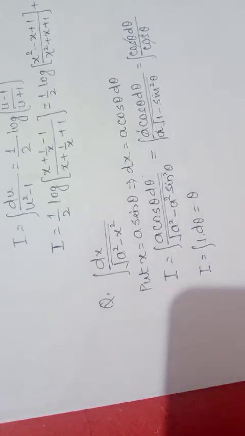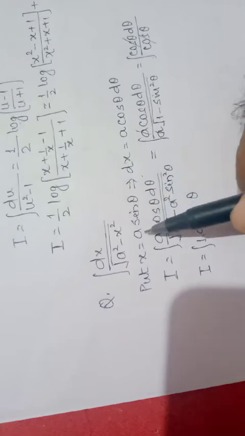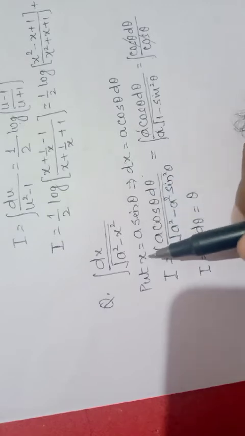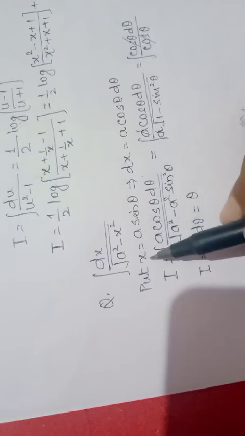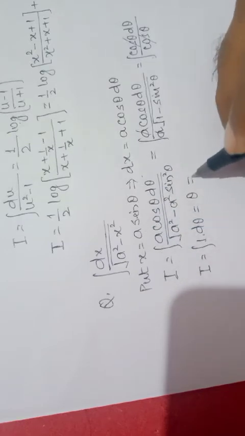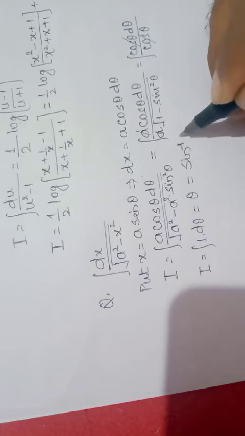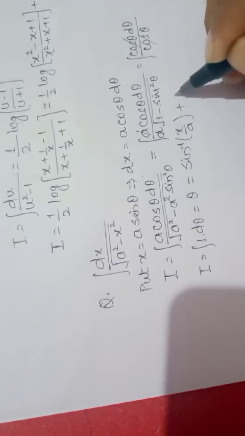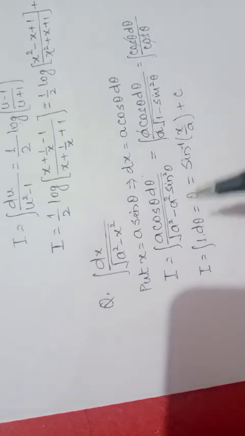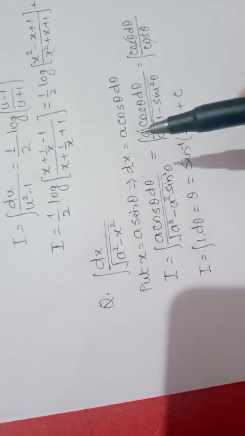Now calculate the value of theta. You have put a sin theta equal to x. So sin theta will be x by a and theta will be sin inverse of x by a.